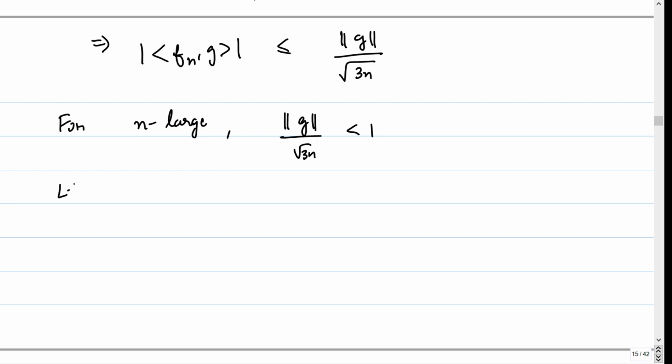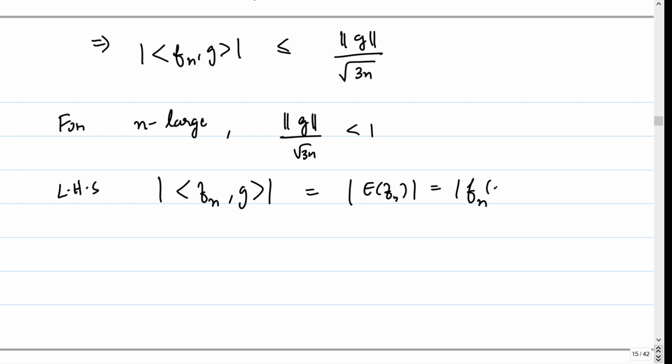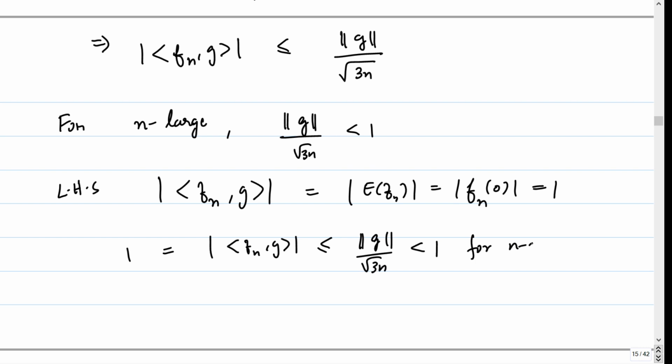But what is the LHS? The absolute value of the inner product of Fn and G is exactly equal to E of Fn, which is equal to the absolute value of Fn of 0, which is 1. So we get 1 is equal to the absolute value of the inner product of Fn and G, which is less than or equal to the length of G times the square root of 1 by 3n, which is strictly less than 1 for n large, which is a contradiction.